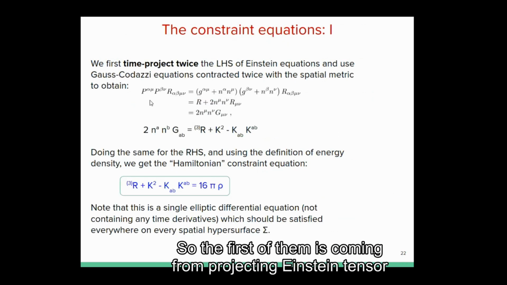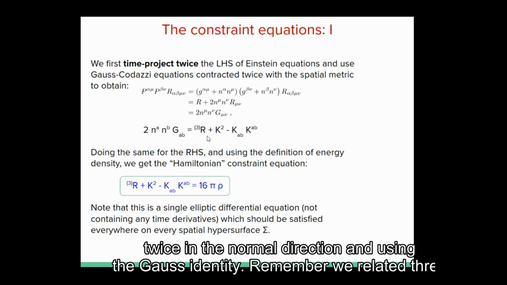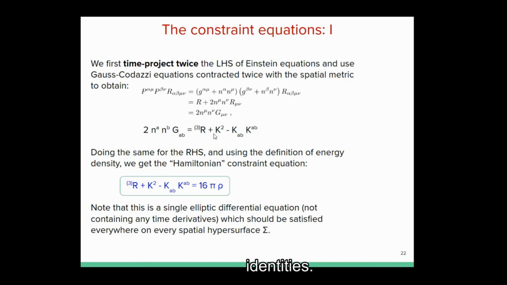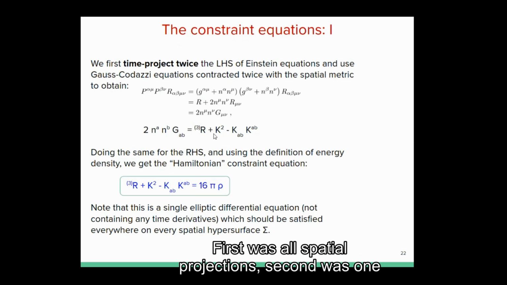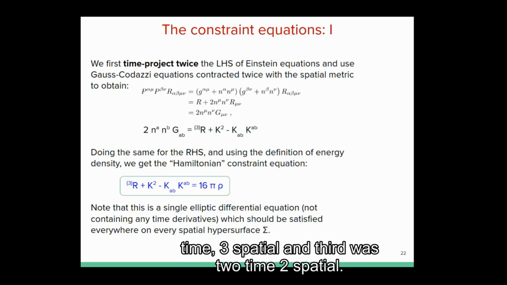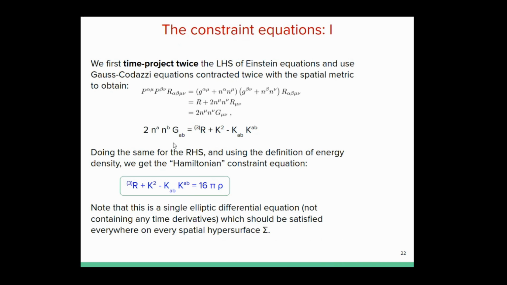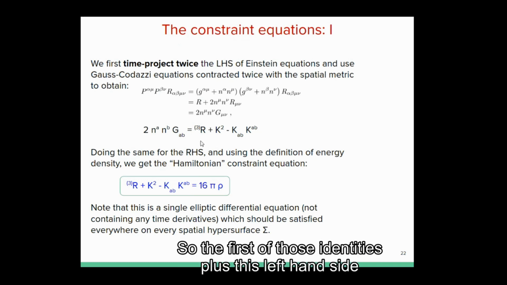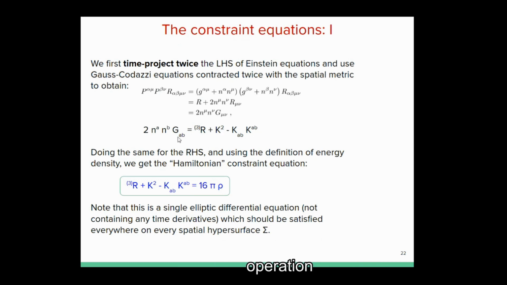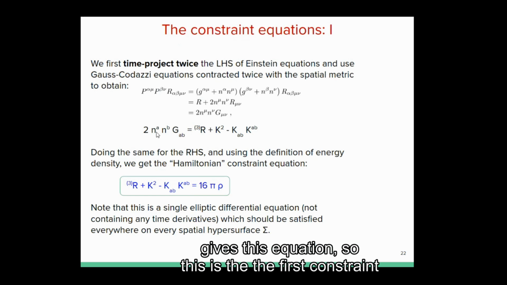The first of them comes from projecting Einstein's tensor twice along the normal direction and using the Gauss identity. Remember, we related three identities here. First was all spatial projections. Second was one time, three spatial, and third was two time, two spatial. So the first of those identities plus this left-hand side operation on this gives this equation. This is the first constraint equation.